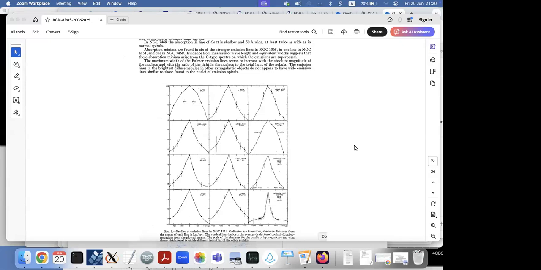The central sources are hard enough so that you have high ionization states. You normally, for example, don't see strong O3 from most H2 regions. And you certainly don't see things like iron 6 or 7. But you do from planetary nebulae because the central source is sufficiently hard. And that was something that was apparently involved here.